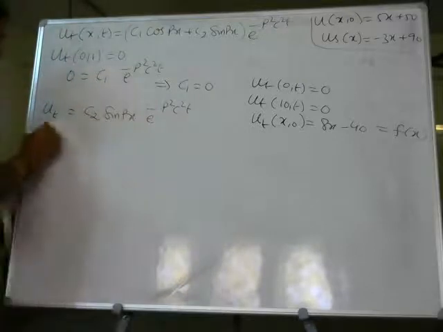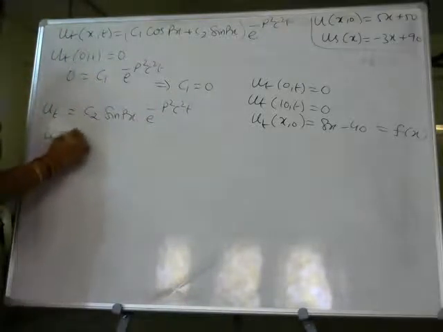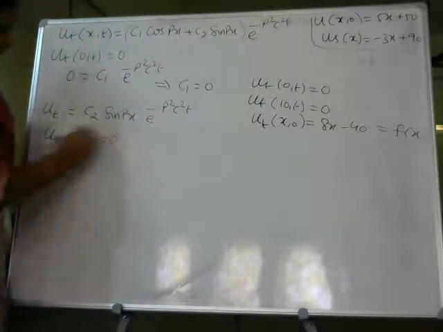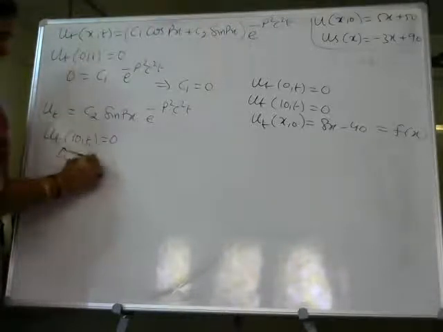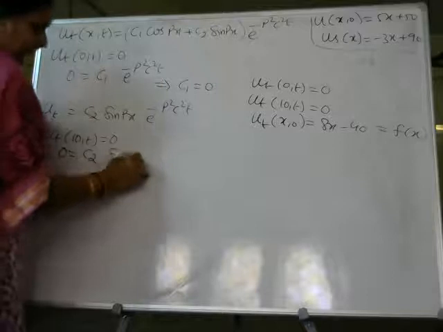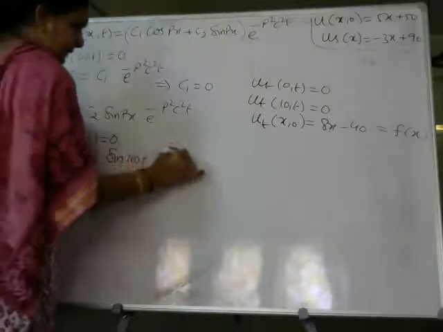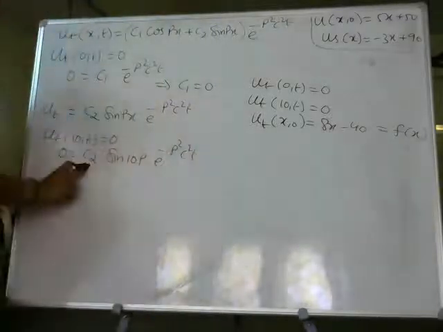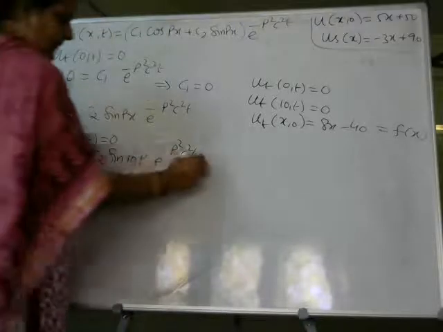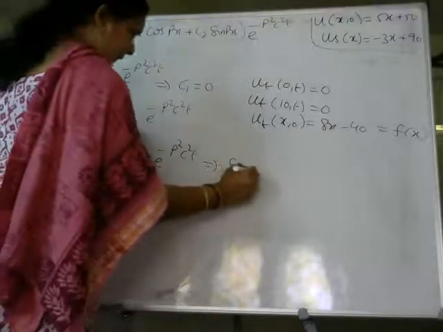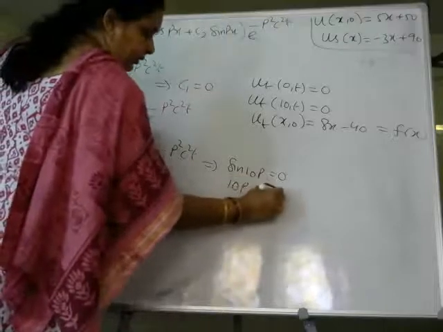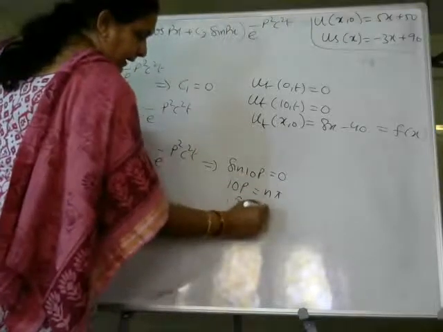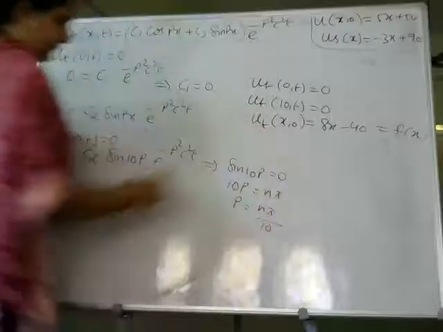What is the second condition we have? ut at 10 comma t is also 0. Means at x is equal to 10, u equal to 0. c2 sin 10p e power minus p square c square t. c2 can't be 0. This value can't be 0. Automatically sin 10p is equal to 0. When will the value of sin 10p become 0? If 10p is equal to n pi or p is equal to n pi by 10.